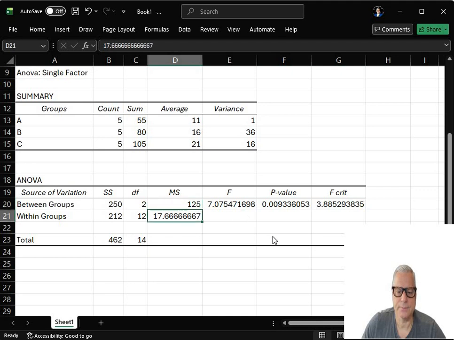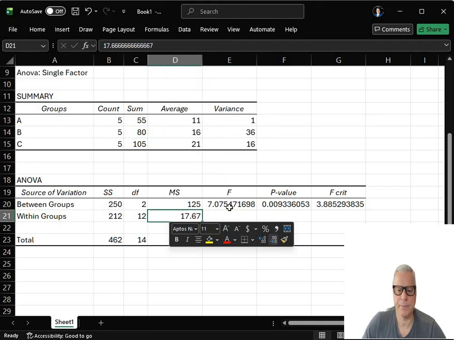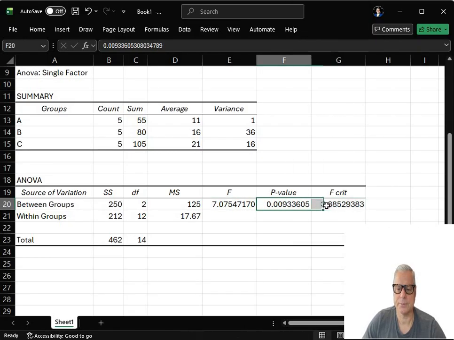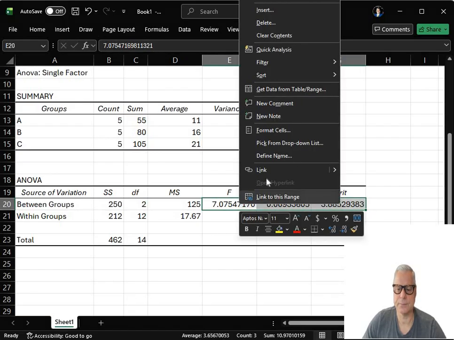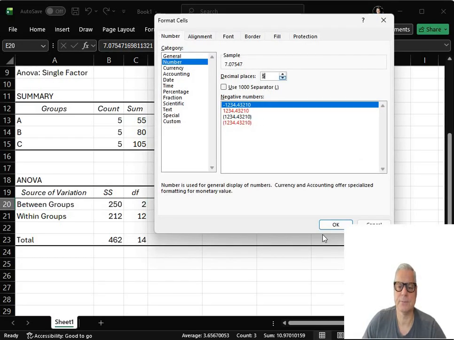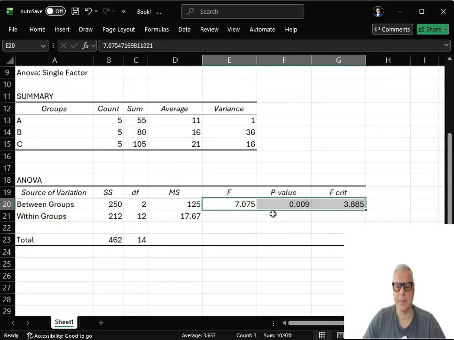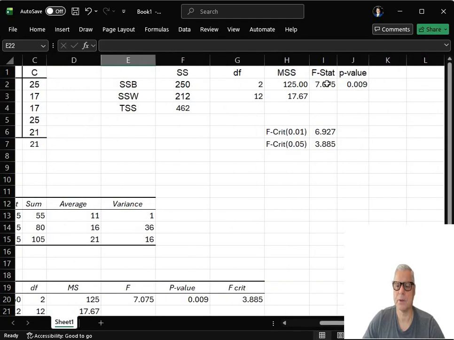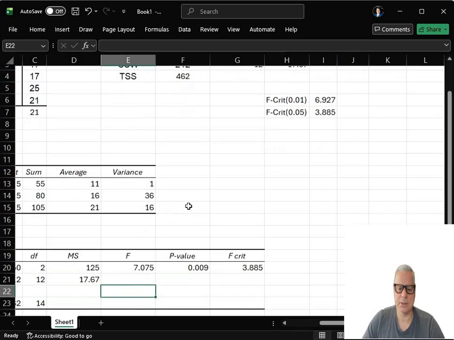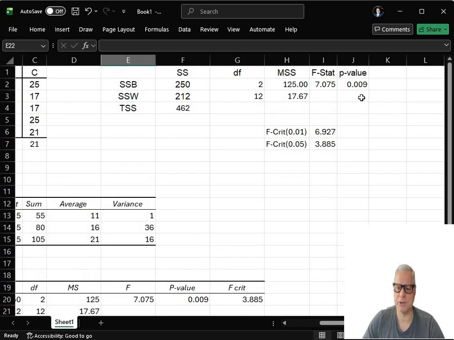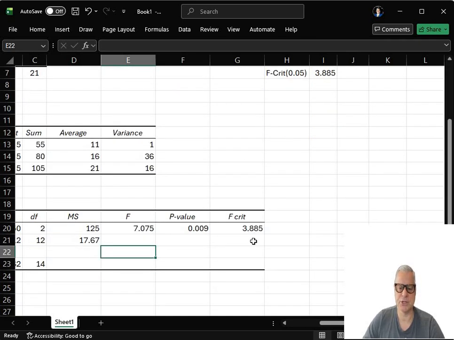So our F statistic is 7.075. The p-value, the probability of having made a type 1 error, is less than 1%.